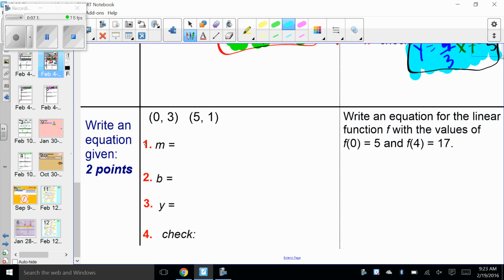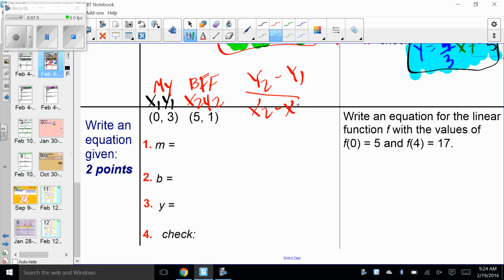So what happens if I take the graph away? How do I find the slope if the graph isn't there? Well, we know x1, y1, alphabetical order, x2, y2. Still my hotel room, best friend's hotel room, still rise and run. But we have to go to plan B because the graph is missing. So we're going to say y2 minus y1 divided by x2 minus x1. Substitution into the formula.